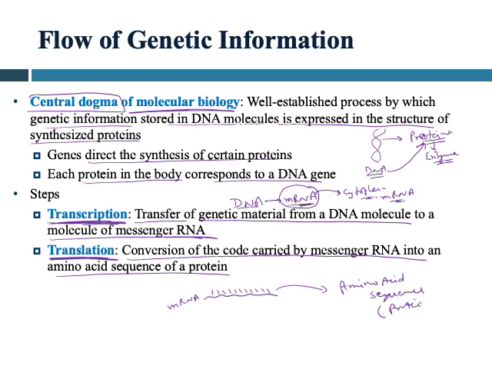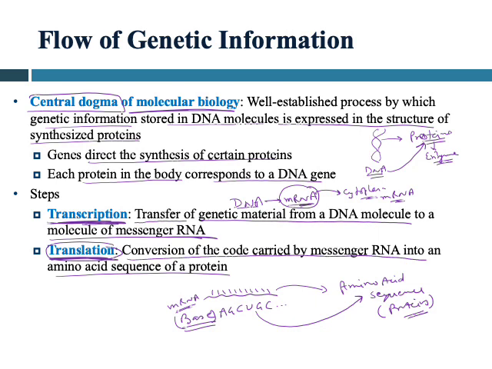Proteins are amino acid polymers, right? And the mRNA has information in the form of bases A, G, C, U, and this information is decoded in the form of amino acids. We're going to see how, but this process we call translation.